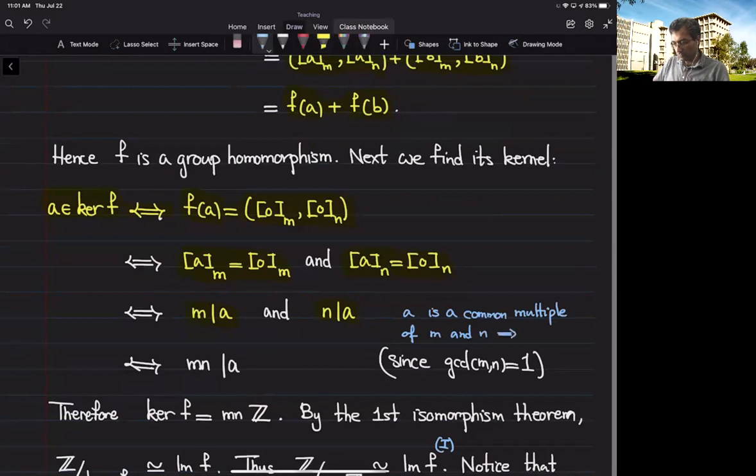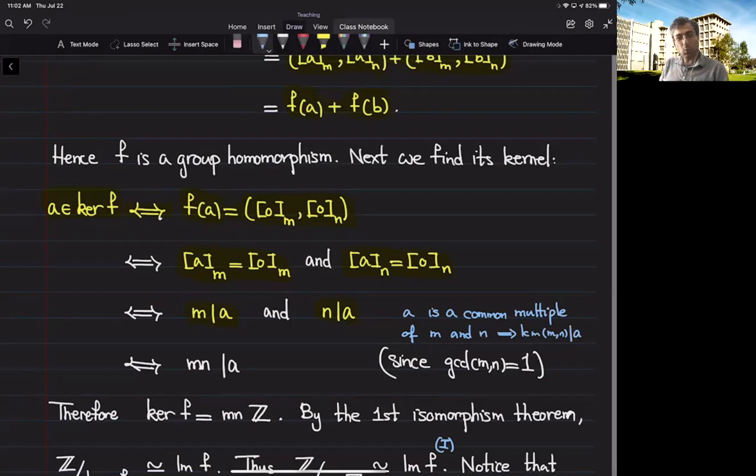One can show, because m and n are coprime, that from here we can deduce that the least common multiple divides a.